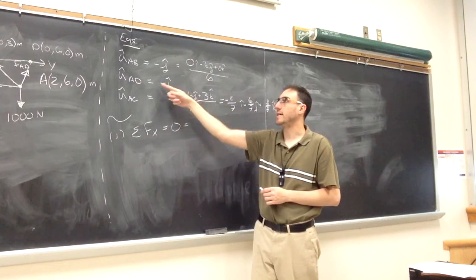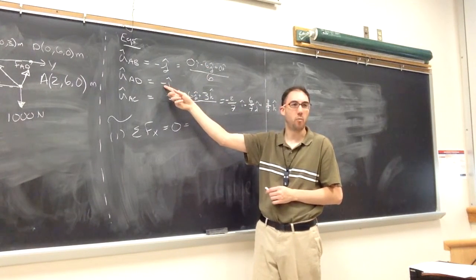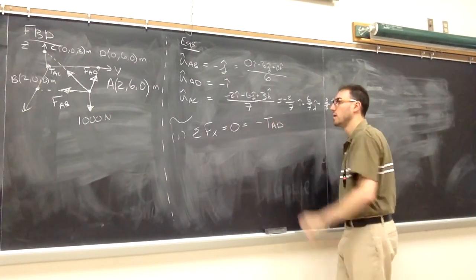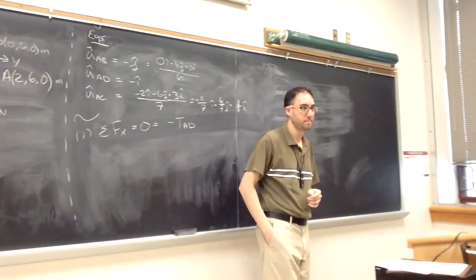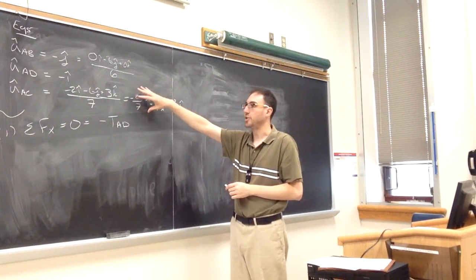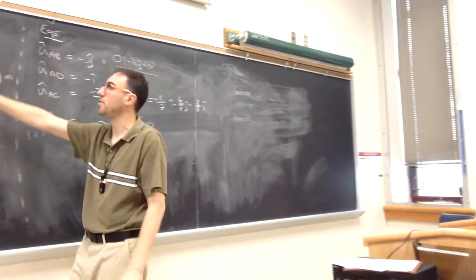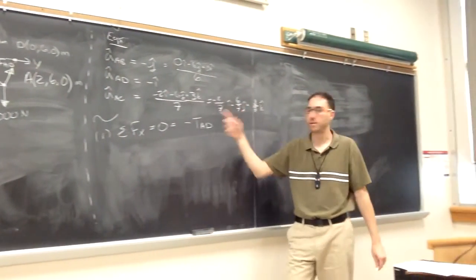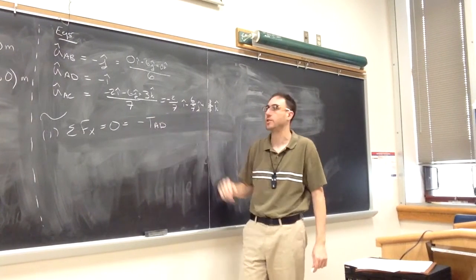If we look at AD, it has a -1 times the magnitude, which I don't know, is going to be TAD. And then finally, for the tension AC, again, these are being driven by this picture here, but these unit vectors are telling us what components of it are in each direction.